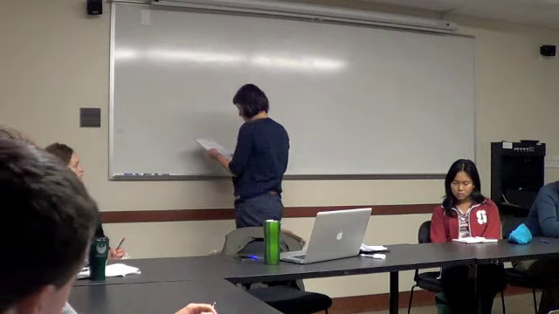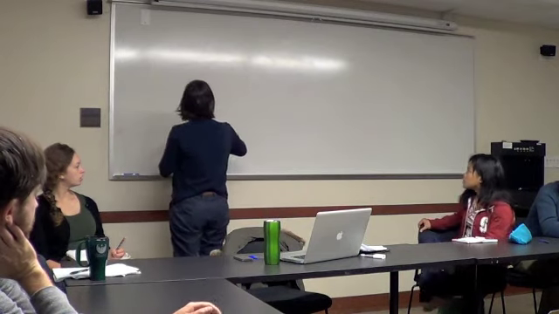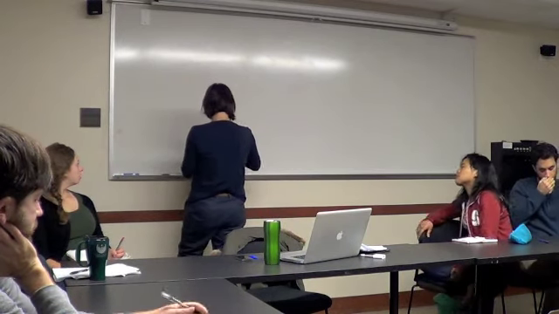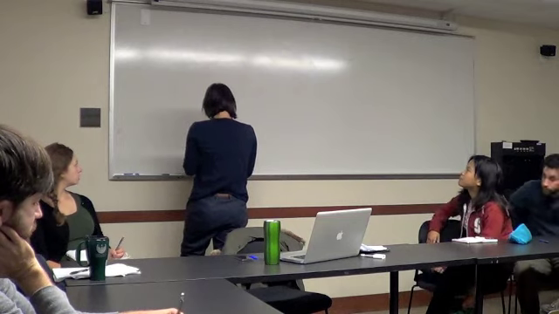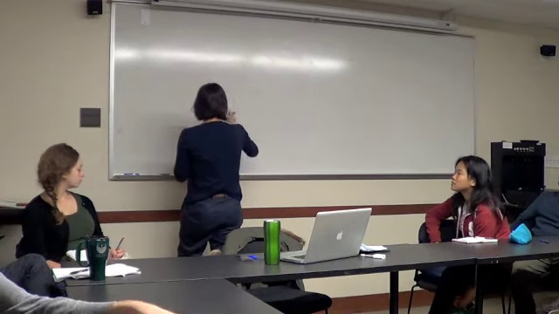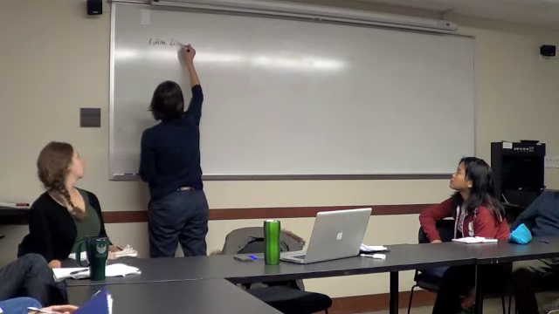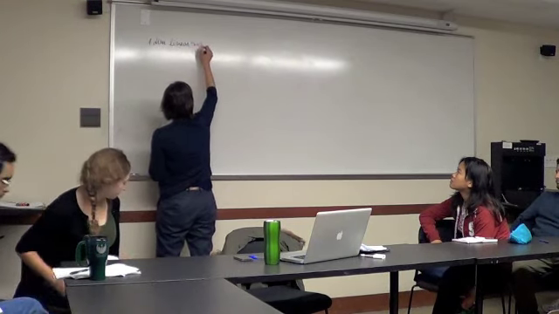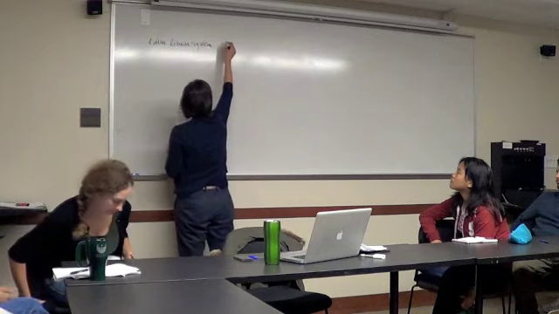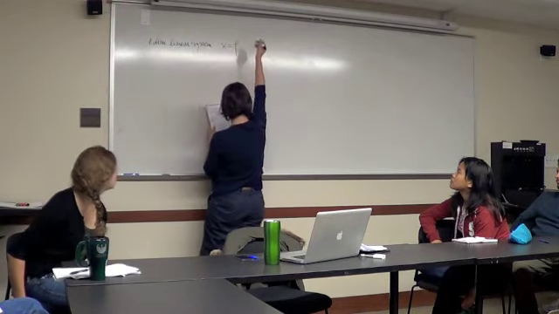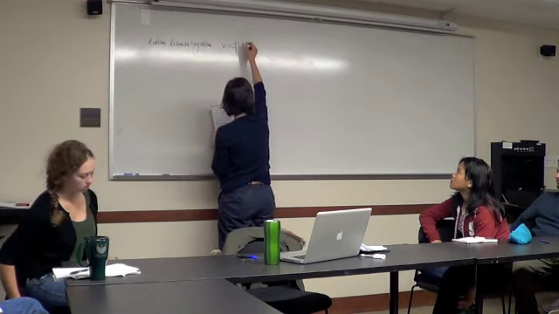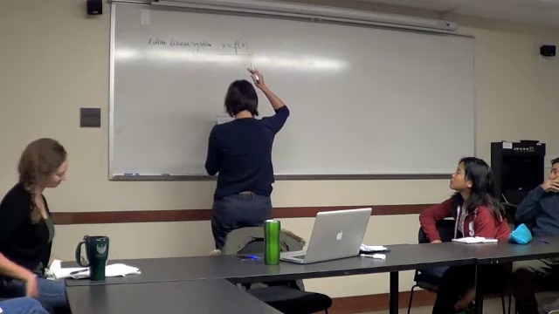So let's start with first order systems. So let's have a very simple system, a simple one-dimensional linear system. So let's say f of x, where f is a linear function.